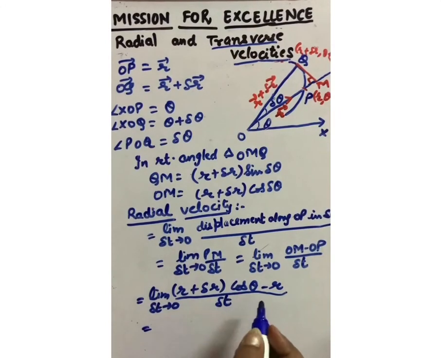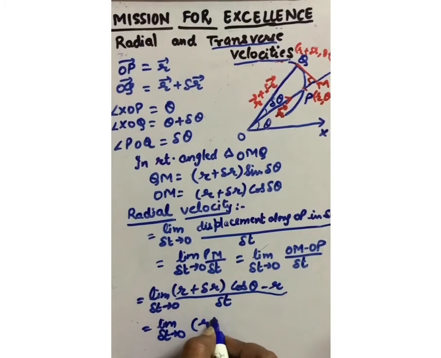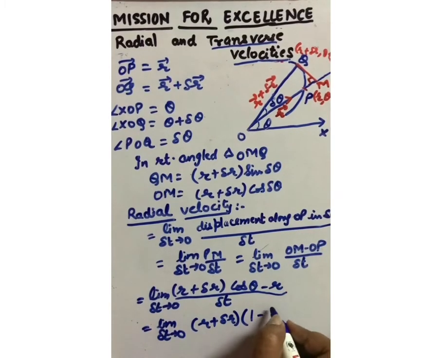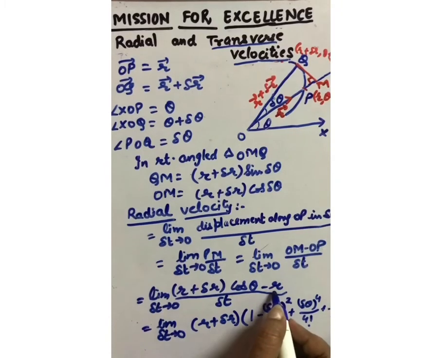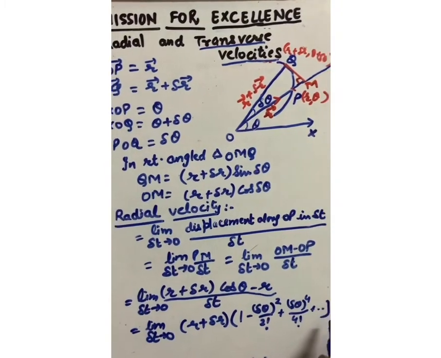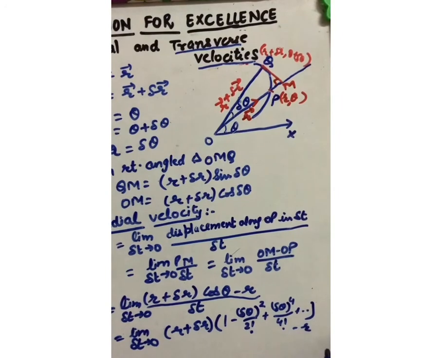So now we expand this cos delta theta, so it will be limit delta t tends to 0 R plus delta R, expansion of cos delta theta is 1 minus delta theta square by 2 factorial plus delta theta raised to power 4 by 4 factorial, and so on. And here we have minus R upon delta t.